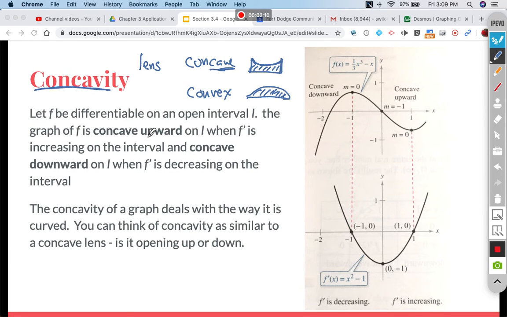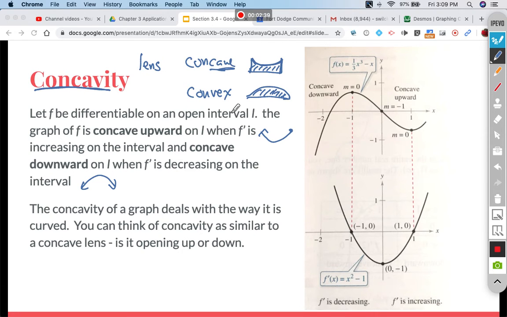And we talk about concave upward, where the mouth of the cave, if you want to think of it that way, is pointing up, and concave down is where it's pointing down. We don't have a lens to determine what side we're on, so we can't talk about concave or convex. But when you hear concavity, if you remember lenses, that might help.